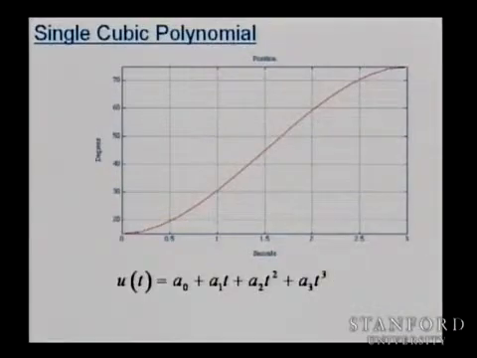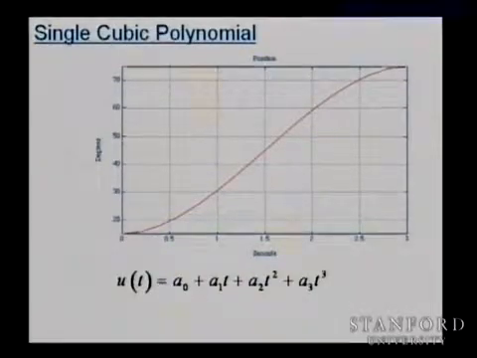A general equation for that, as a function of time, would be a0 plus a1t plus a2t squared plus a3t to the third. So as we said, we have 4 parameters here, which we can use to satisfy certain conditions for the motion.